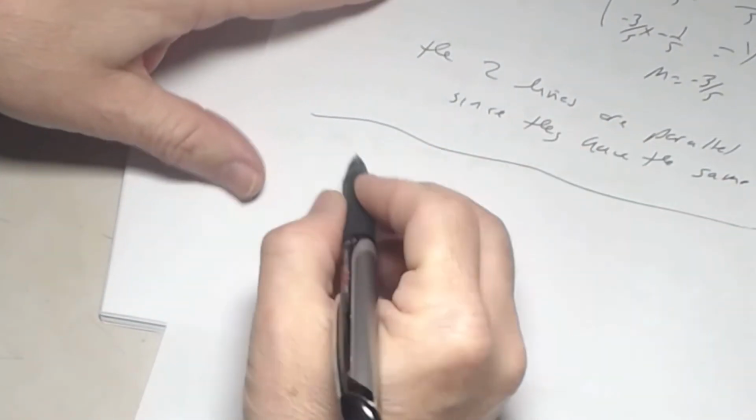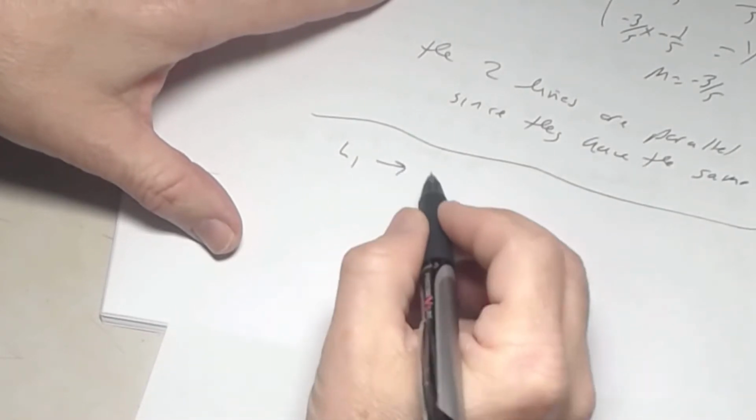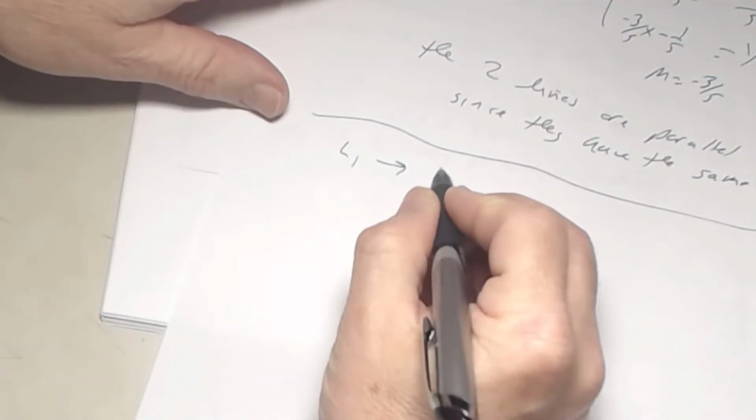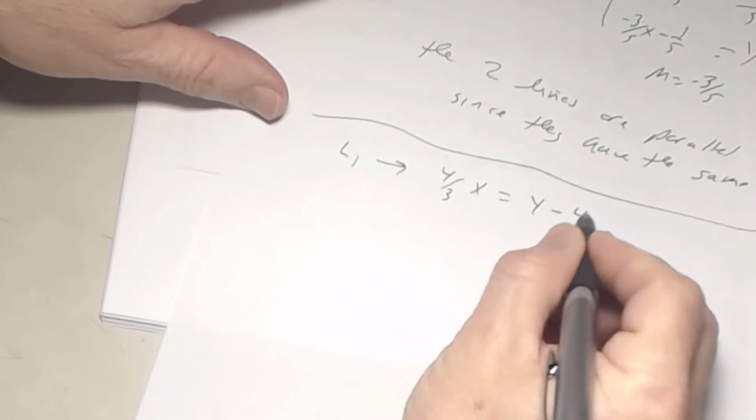All right, let's do another one like this real quick. So I'm going to go back right here. We're going to do one just like this, except we're going to change those equations. So let's say line 1 has the equation 4/3 x equals y minus 4.